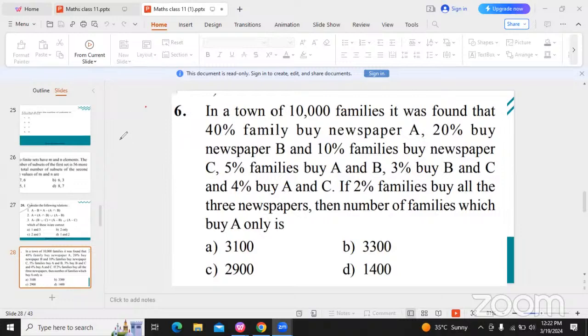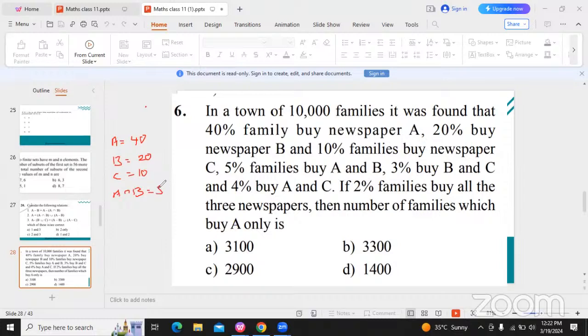Please cooperate with this screen, it is very small. Here A is 40%, B is 20% and C is 10%. What is A intersection B?